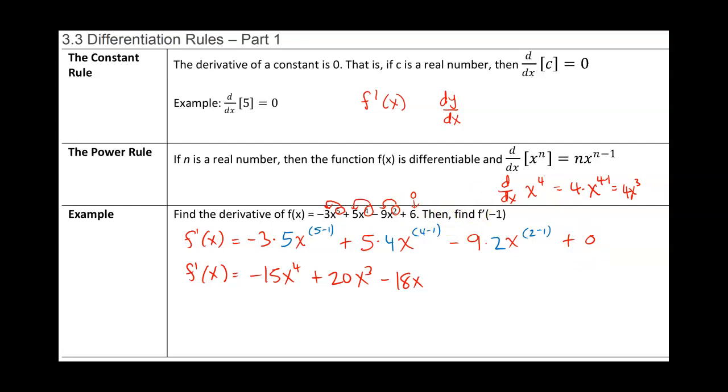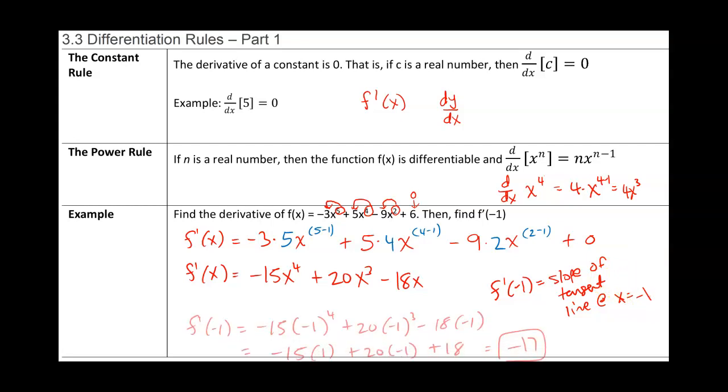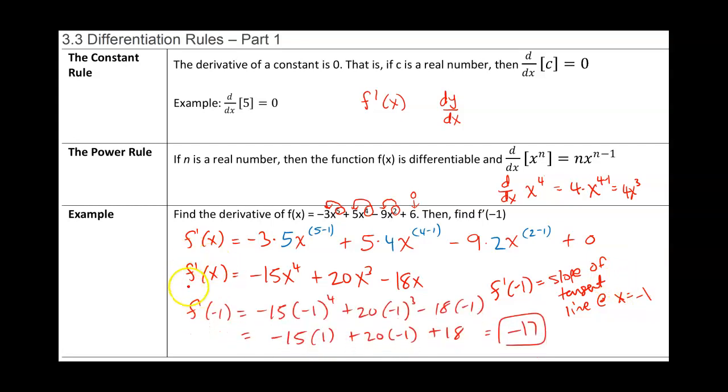Now, f prime of negative 1, let's first understand what this means. f prime of negative 1 is going to be the slope of the tangent line at the point x equals negative 1. So if we were to graph this curve and draw a tangent line, then that tangent line is going to have the following slope. f prime of x represents the derivative.